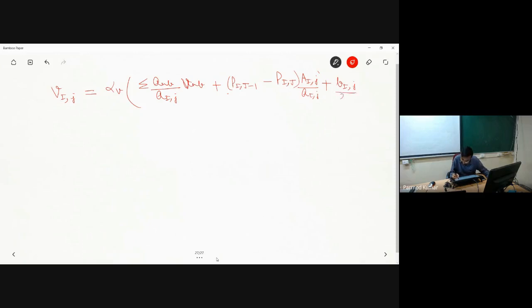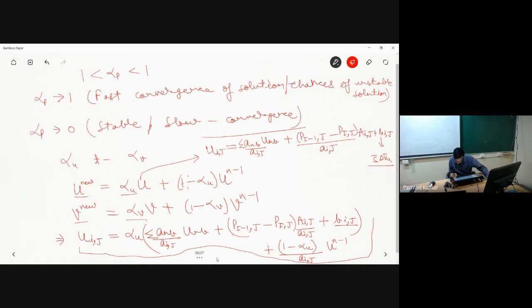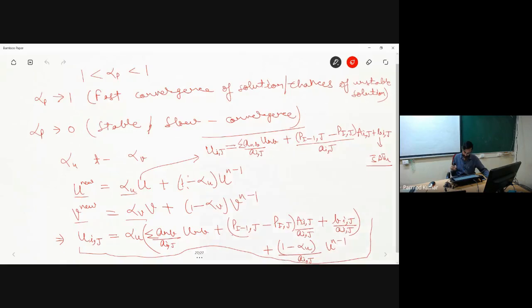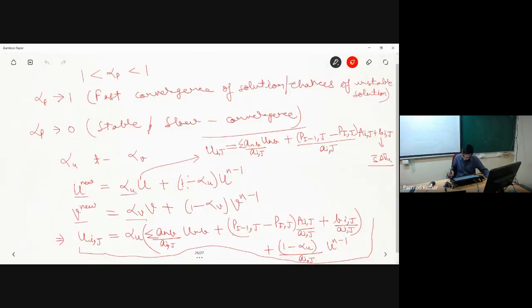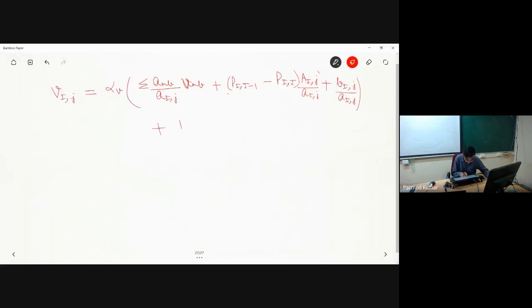With this also I have to divide by a at capital I, small j. Probably I missed it in the previous slide. Yes, sir. Then I will have plus (1 minus alpha_v) divided by a at capital I, small j, times v to the power n minus 1. So this is now my new equation.